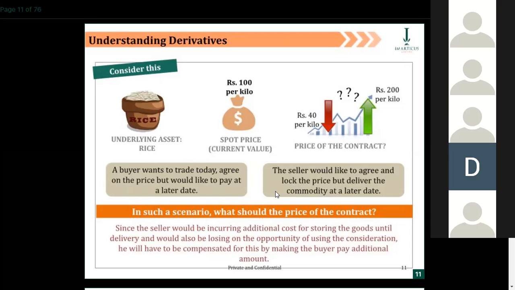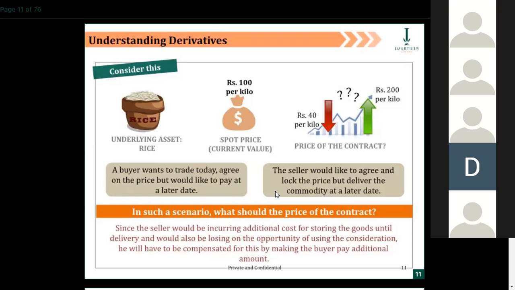Since the seller would be incurring additional cost for storing the goods until delivery, and would also be losing an opportunity of using the consideration, he will have to be compensated for this by making the buyer pay an additional amount. So we discussed cost of carrying, cost of storing, storage cost, right? This is the same thing we are talking about here.